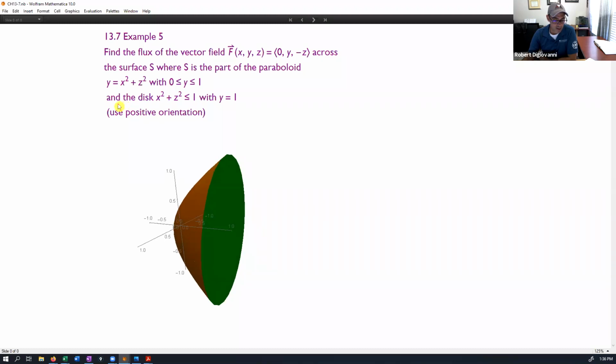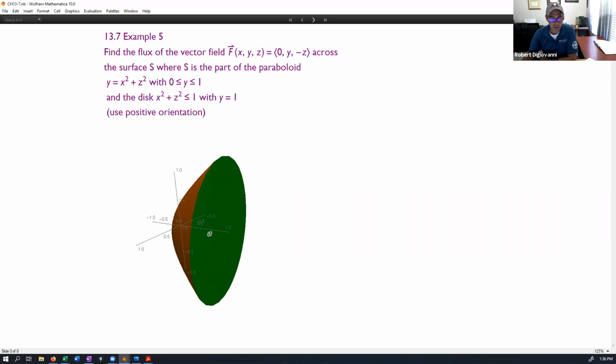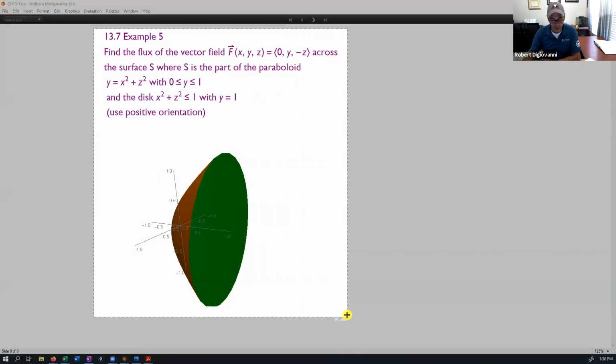And then the disk is the green part, which is x squared plus z squared less than or equal to 1. And then we're fixing the y value to be 1. So that's our surface. It's both of those together, and we want to find the flux, which is basically the flow out of this thing with this vector field. So I'm going to copy this over.